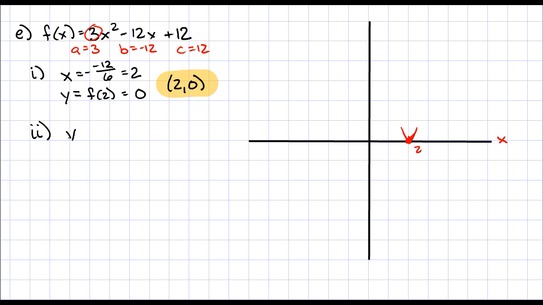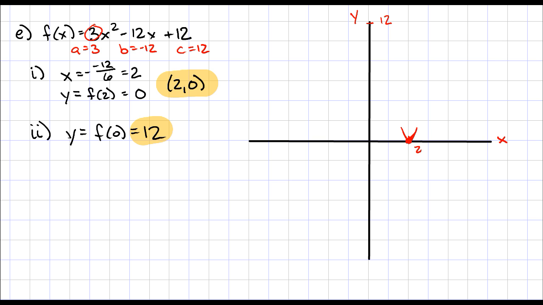To find the y-intercept, we just plug 0 into the function, f of 0, and that gives us 12. So y equals 12 is the y-intercept. Obviously I used kind of a poor scale here, so let me use a slightly different scale on the x-axis and the y-axis, just for the sake of getting this picture.